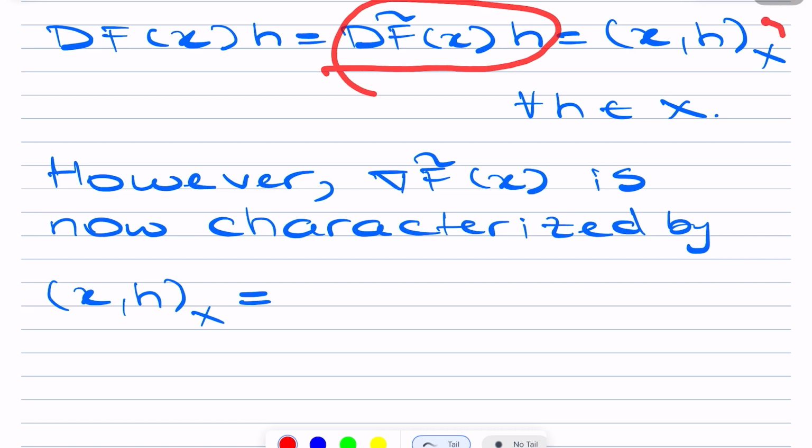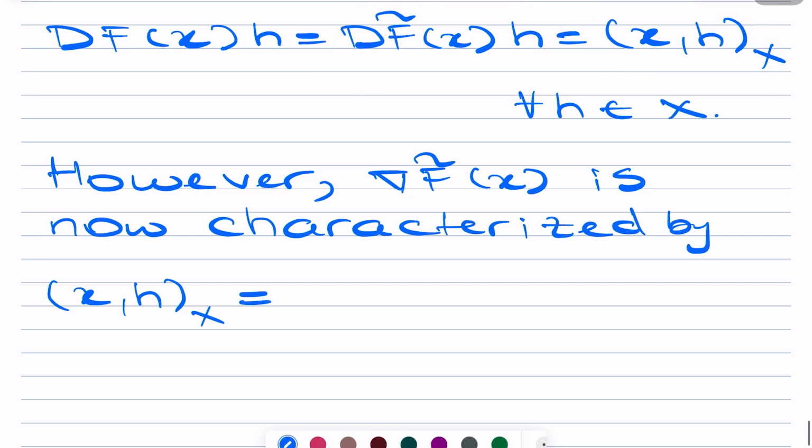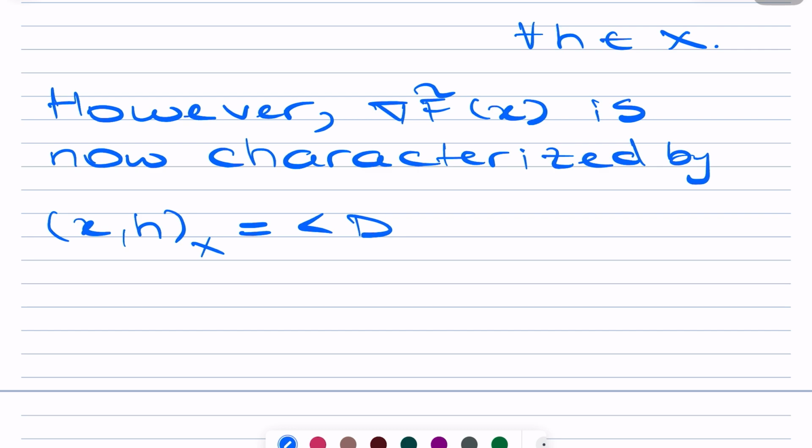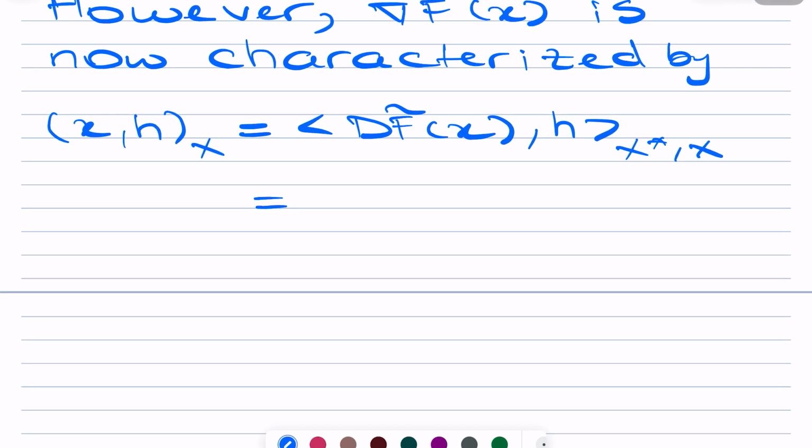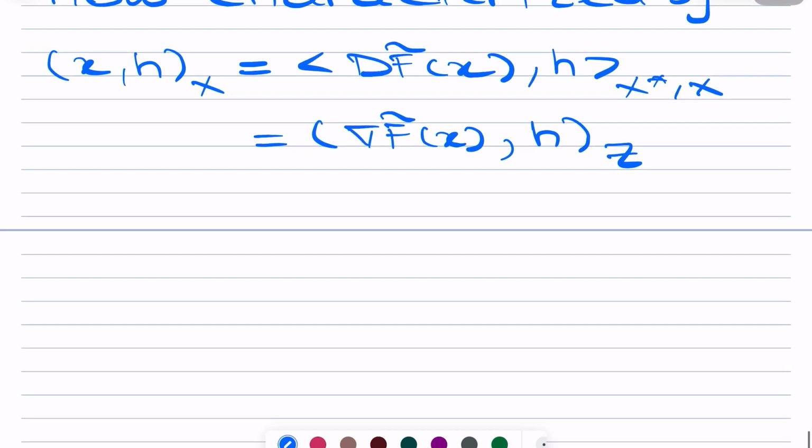So let me just write it here. This is actually this dual pairing in X star comma X. So by the Riesz representation, this should be equal to the scalar product of the gradient of f tilde at x, but in the space with this scalar product Z. The scalar product Z is exactly this scalar product here.